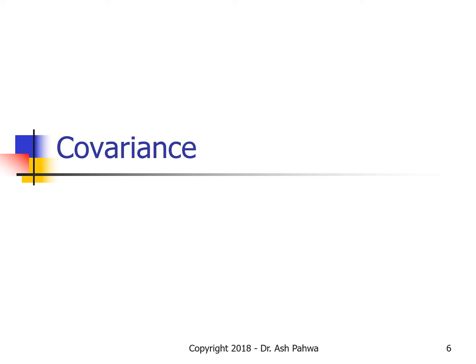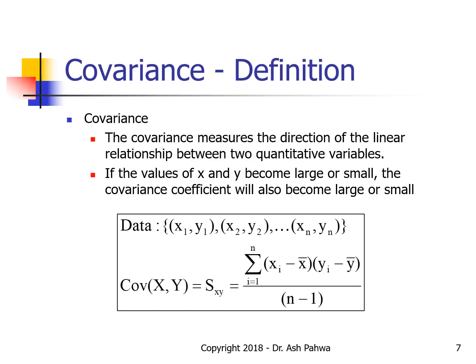Our variance shows us the amount of deviation we have in our data. Instead of defining the variance this time, we are going to define the covariance of two variables. So the definition of covariance is the measurement of the direction of the linear relationship between the two quantitative variables.